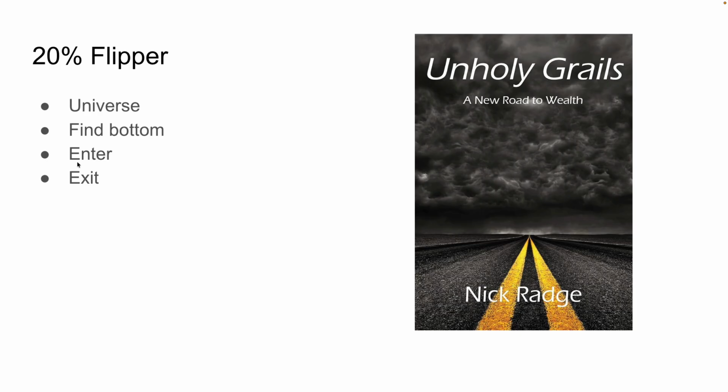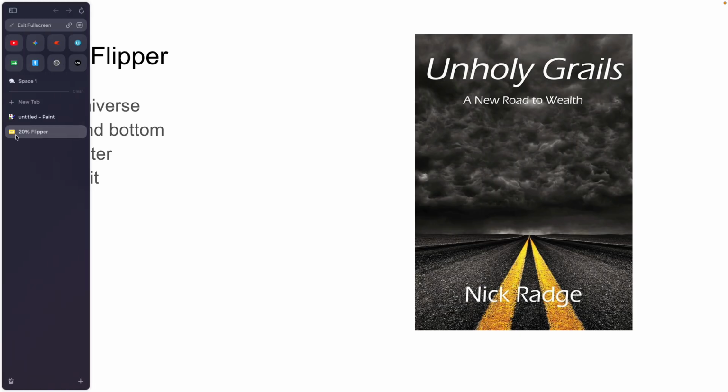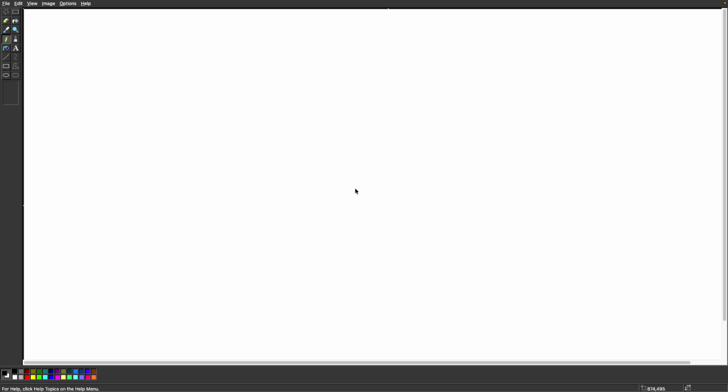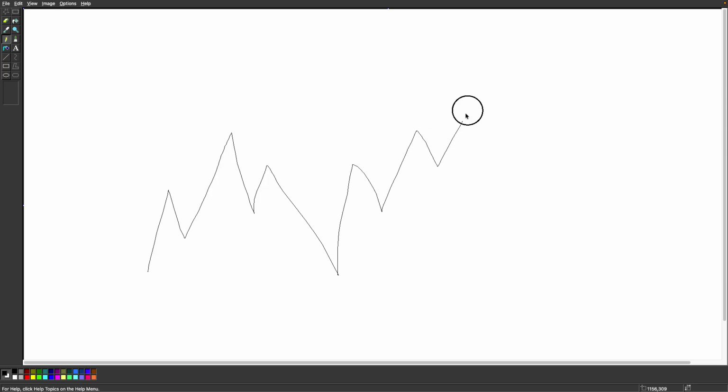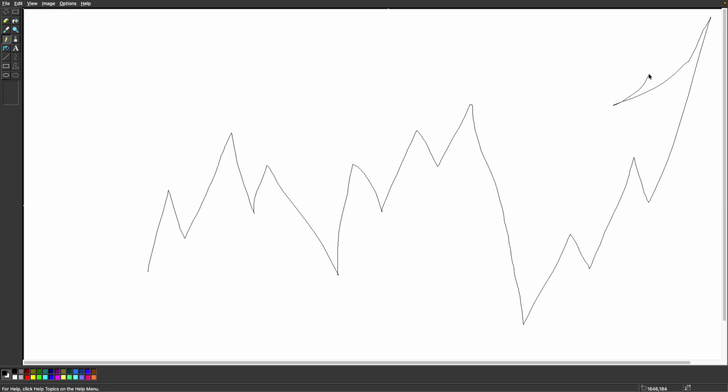So whenever the stock is moving, maybe I'll go to paint and explain how things can go. Let's say a stock moves randomly, not randomly, it is driven by demand and supply. So let's say it makes moves like this, and I'm assuming these moves are much greater in terms of percentage in the long run.